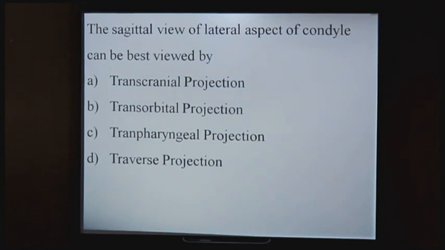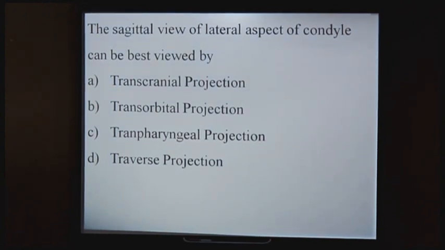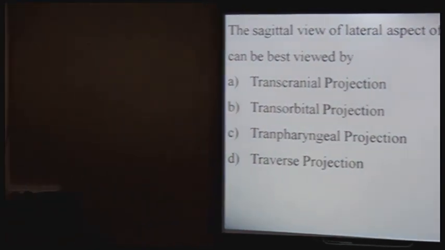The sagittal view of a lateral aspect of condyle can be best viewed by. What are all the TMJ projections you know of? Transcranial, transpharyngeal, transorbital. Okay? We will keep these three. Apart from this, we have various other projections. So, of this, which will give you the sagittal view?